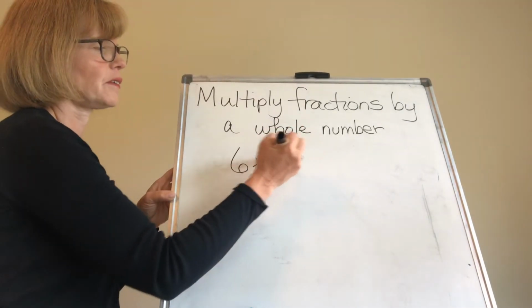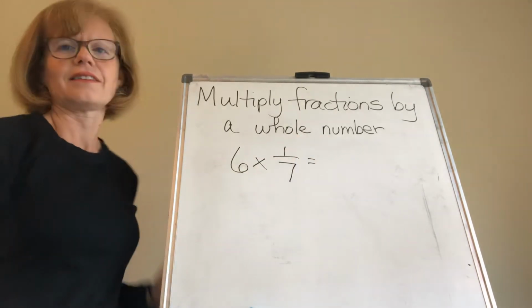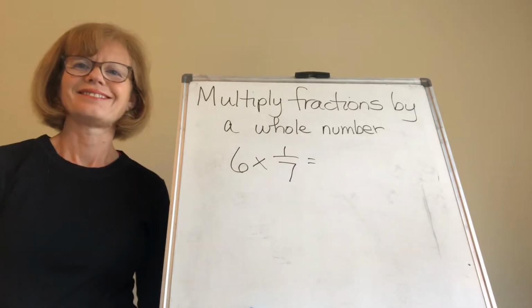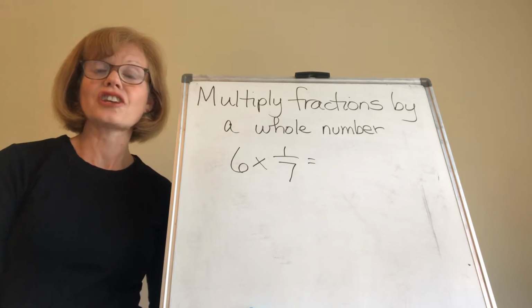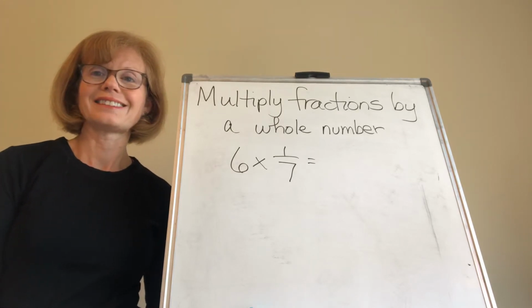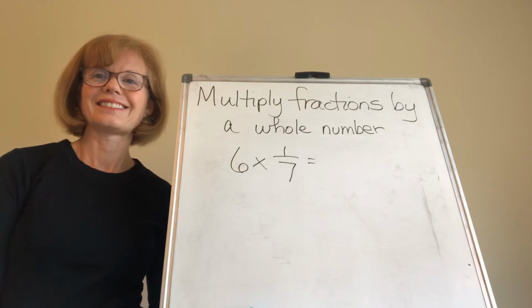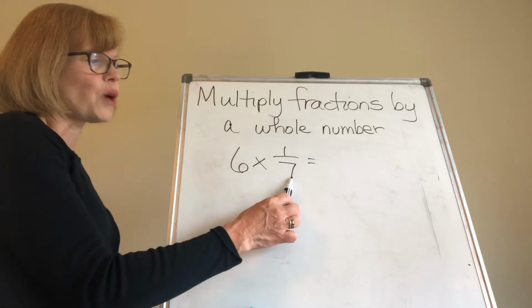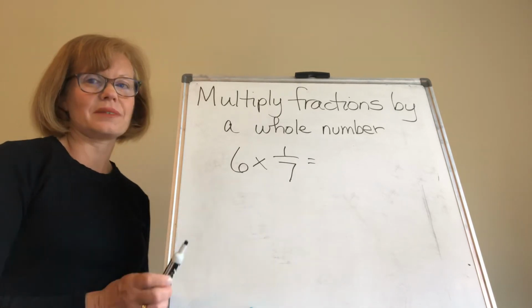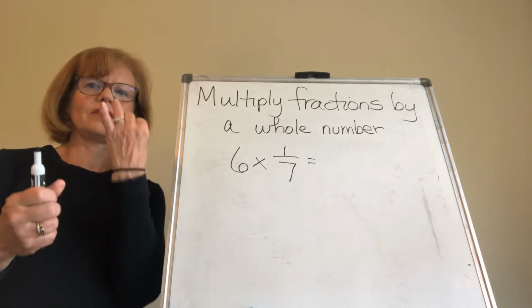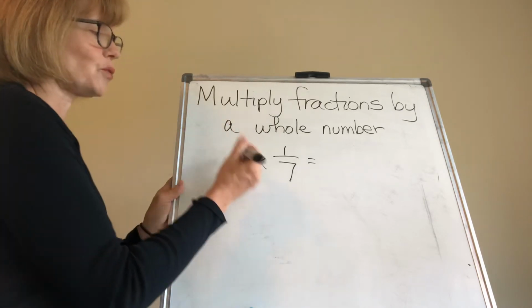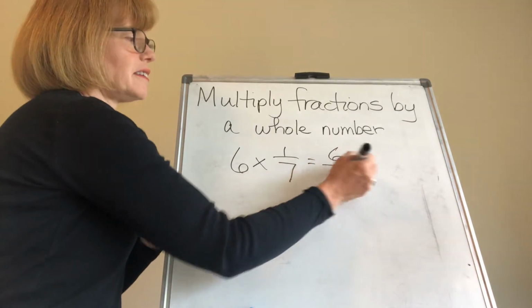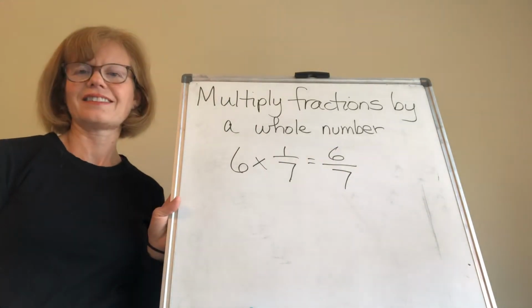6 times 1/7. Write down what you think the answer is, and then you can check with me in just a minute. All right, so I have 1/7 6 times. 1/7, 2/7, 3/7, 4/7, 5/7, 6/7, or 6 times 1, 6/7.